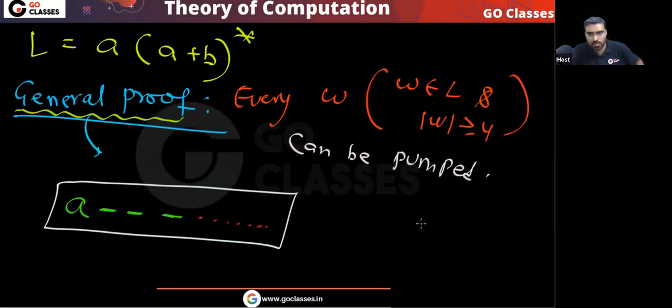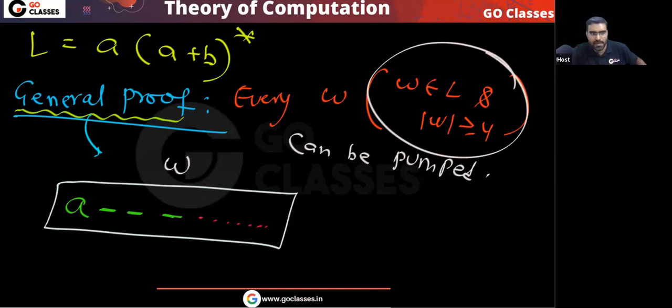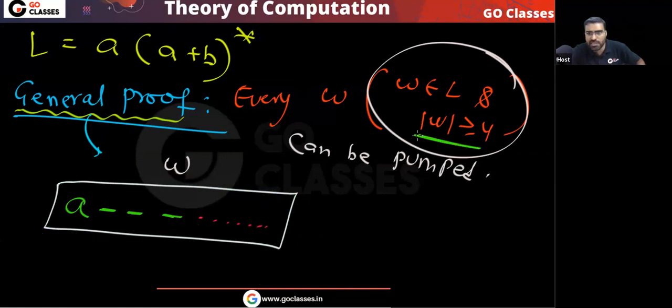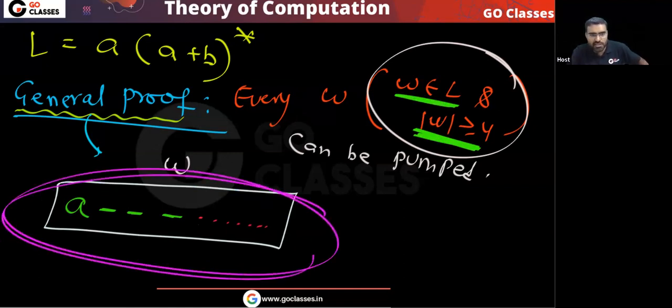This is what your w will look like. Every candidate string will look like this because it has length greater than or equal to 4 and belongs to L. So now this is the general case I have taken.